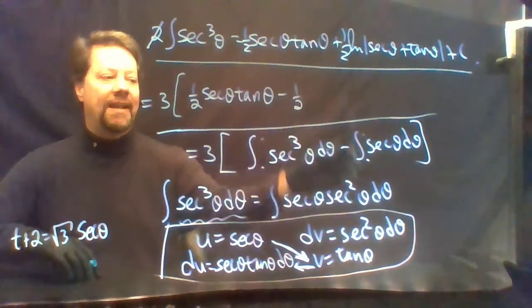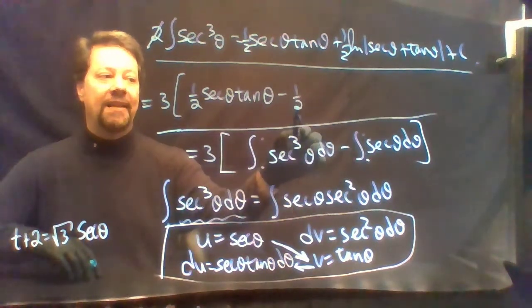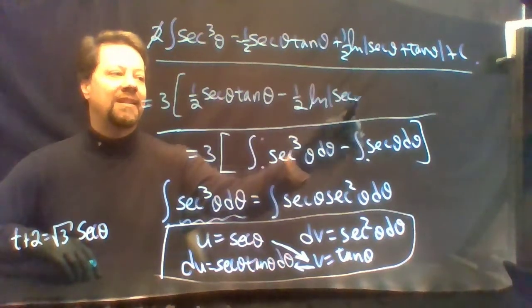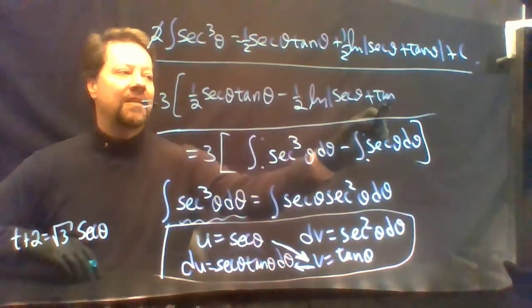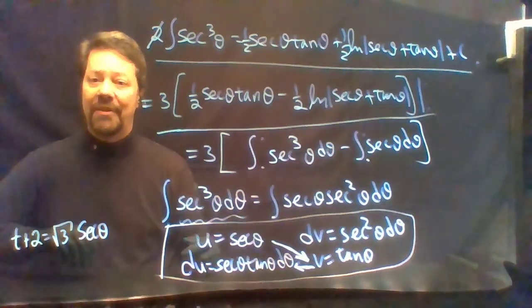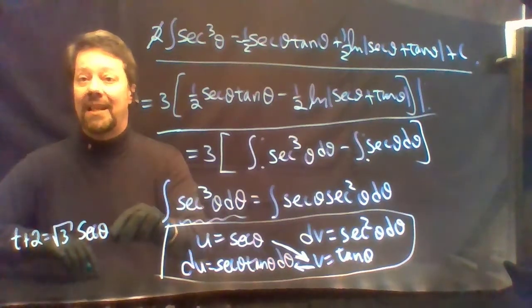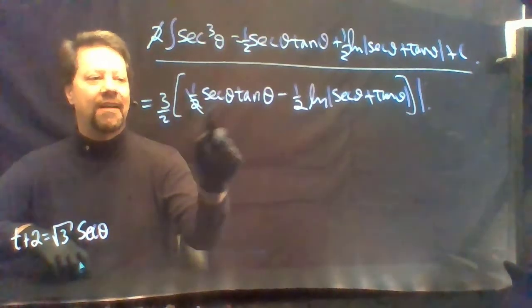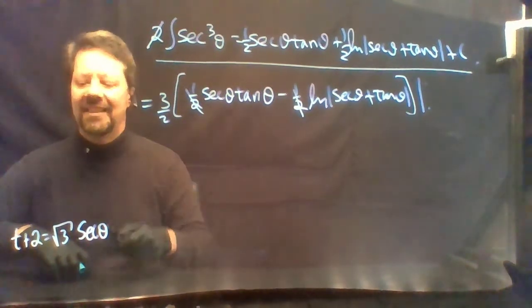A positive 1/2 minus 1 gives you a negative 1/2 log absolute value secant theta plus tangent theta, but we are evaluating from dot to dot. Now we have to convert back to t. Before that, let's factor out this 1/2.